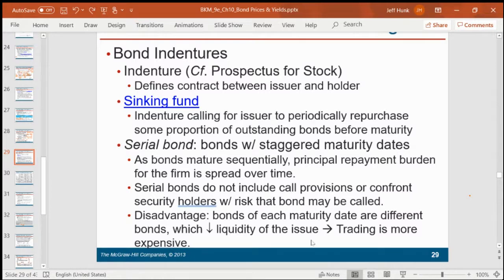Sometimes this is even done by lottery, so it's not exactly in the order of the serial numbers. If your bonds are picked by lottery, then you have to sell.